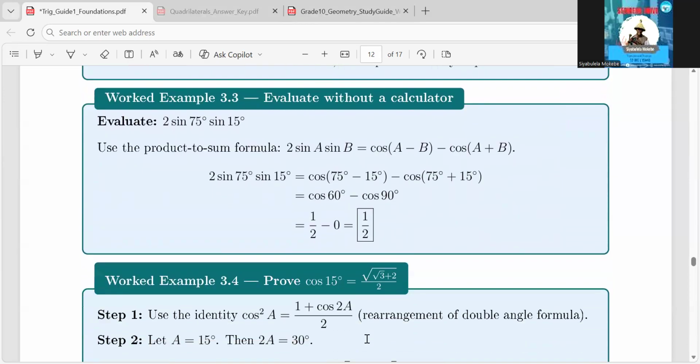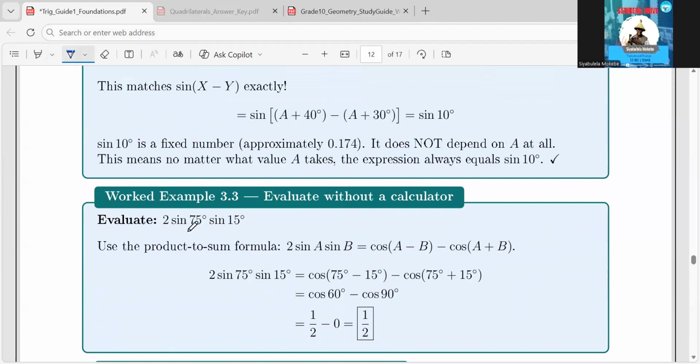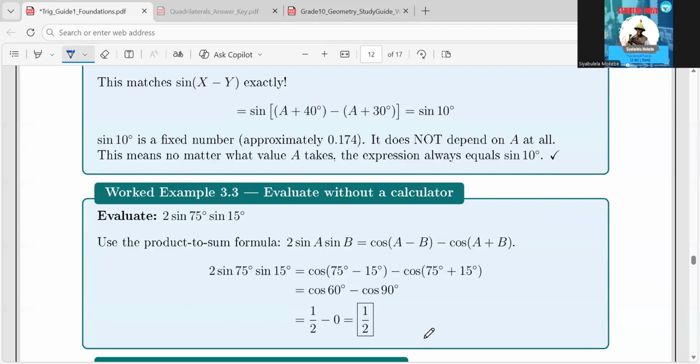Or, really, if you forgot your product to sum rule, you can do it as I explained. 75, you write as 45 plus 30, and 15, you write as 45 minus 30. Then you expand and simplify, and you should also get 1 over 2.